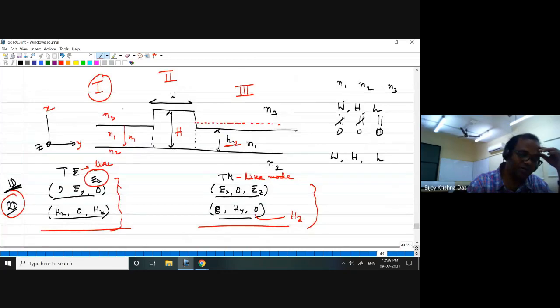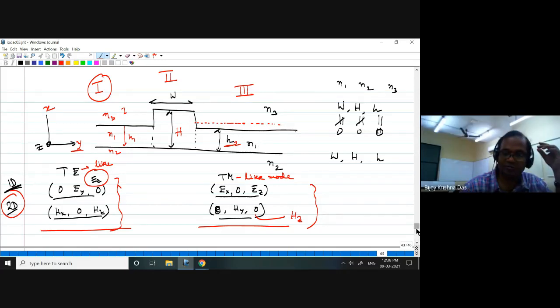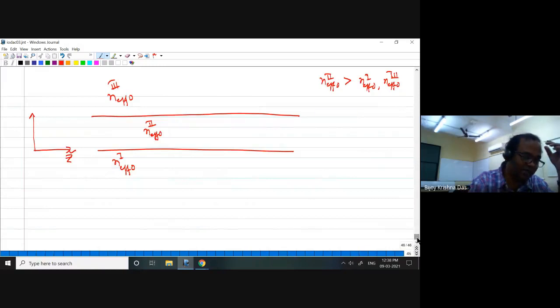You see, I have considered region 1 effective index, region 2 effective index, and region 3 effective index. So if I just go from region 1 to region 3, which direction do you see here? Region 1, region 2, region 3, that is stretched along which direction? Y direction. So we have to consider that one as the y direction, right?